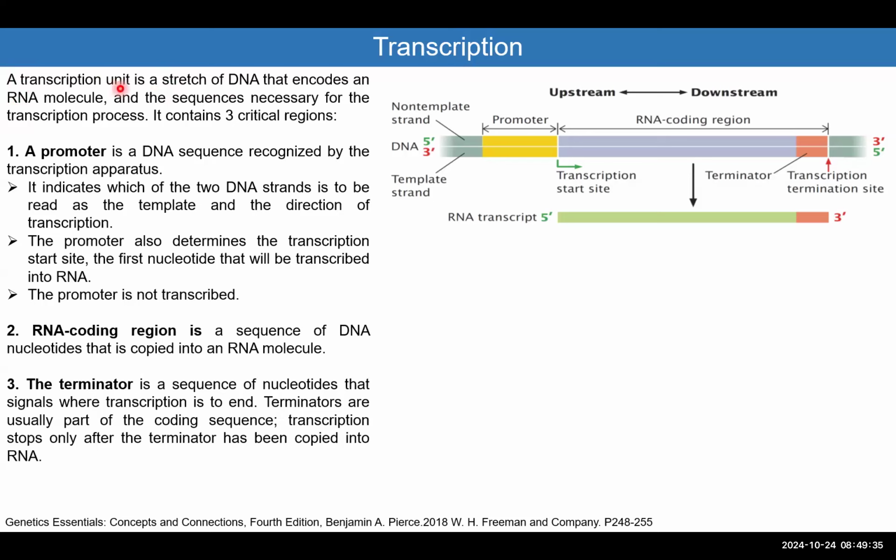And the transcription unit is defined to be a stretch of the DNA that encodes for the RNA molecule and all the necessary sequences for the process. Of course, we mentioned that we need polymerases, the RNA polymerases, which will read what is the code on the DNA and formulate what is the RNA complementary part.